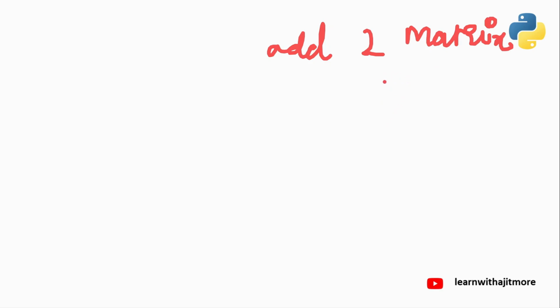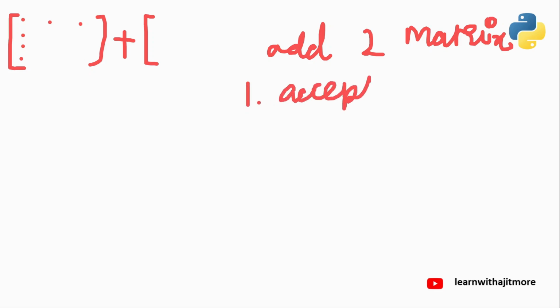That arrangement of numbers in rows and columns is called a matrix. And someone has told you to do addition of two matrices. So obviously, first you will write logic to accept the first matrix, accept matrix A.